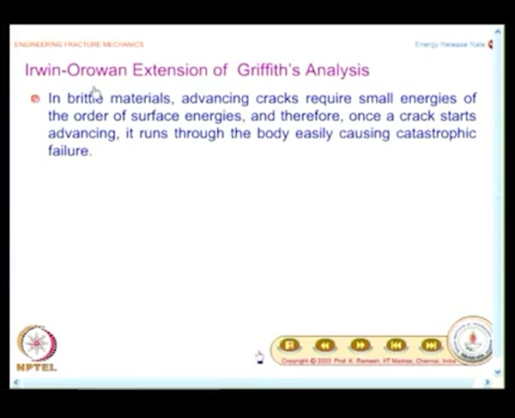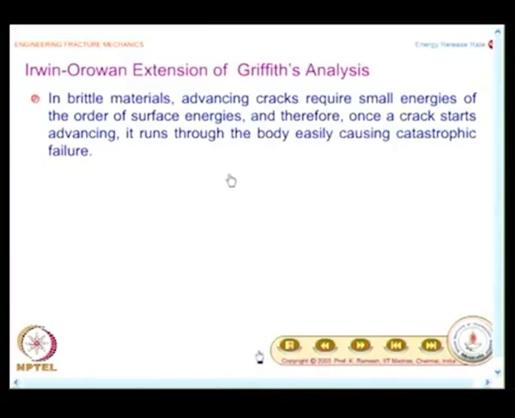And this was done by Irwin and Orowan. They extended the Griffith analysis. And what is the difference? In the case of brittle materials, advancing cracks require small energies of the order of surface energies.